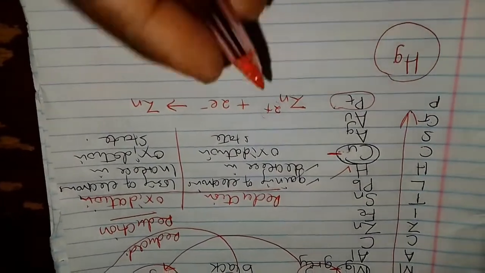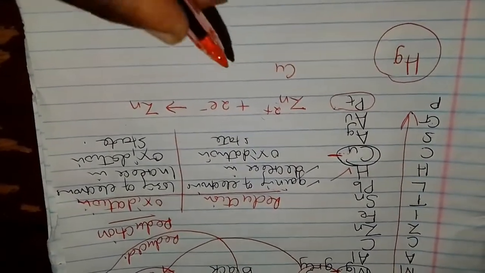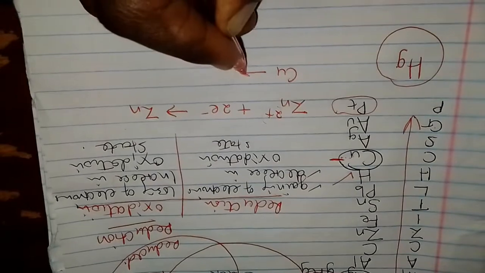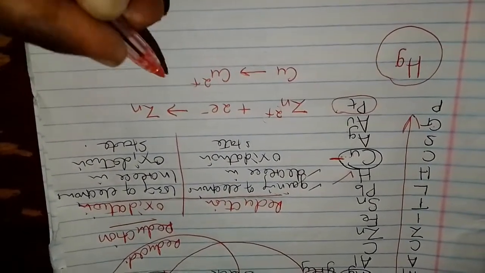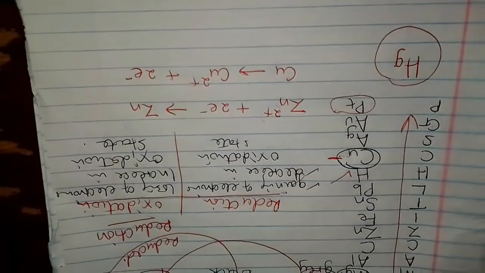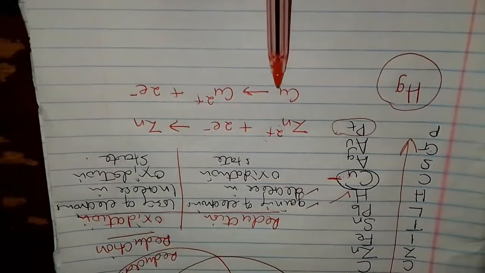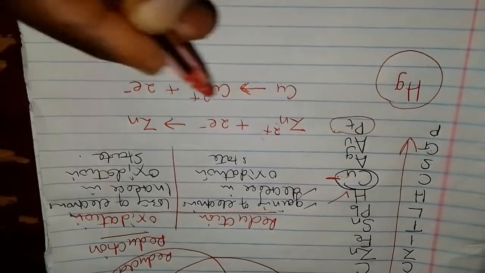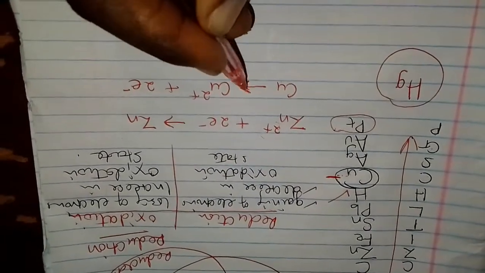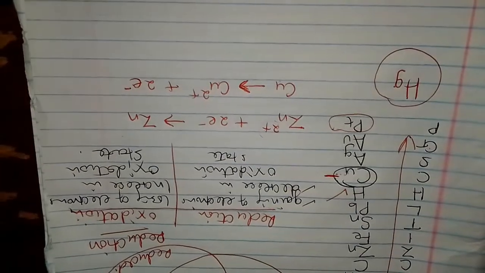Now if I come here and say copper, then I actually take this arrow to this point, then I write here copper 2 ions plus 2 electrons. You see, it was a metal, but now it has actually lost 2 electrons. So it forms copper 2 ions.